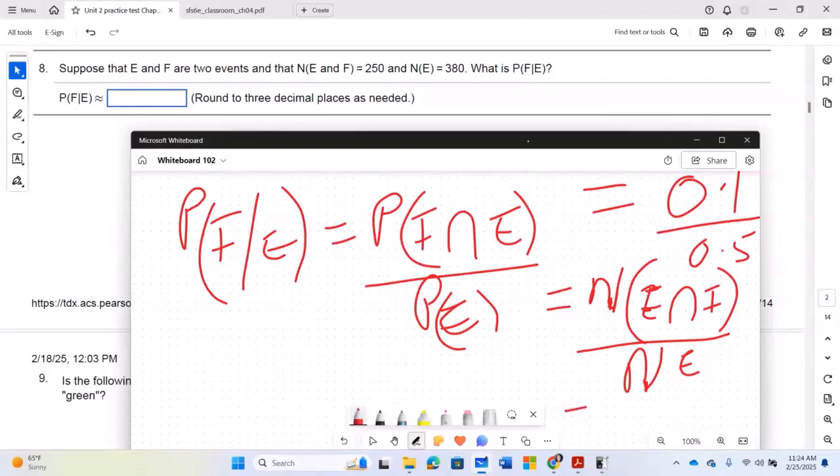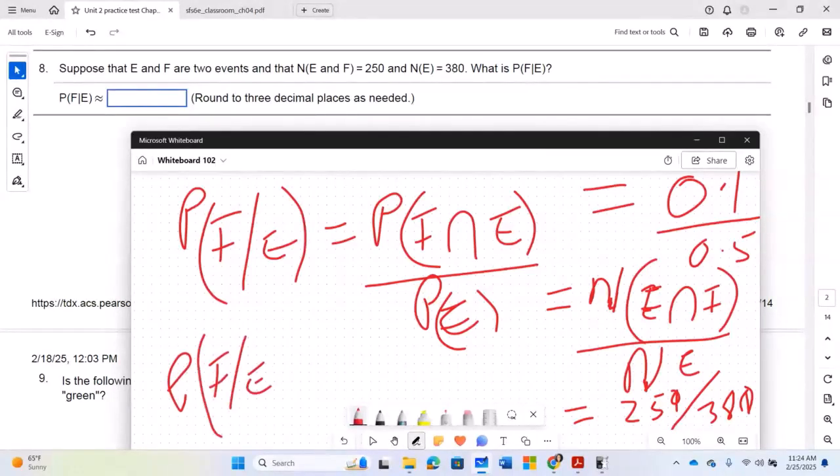The intersection is 250 divided by N of E, which is 380. We divide and we get the probability. 25 divided by 38. We get the answer. Therefore, the probability of F, given that E happened first, is 25 out of 38.